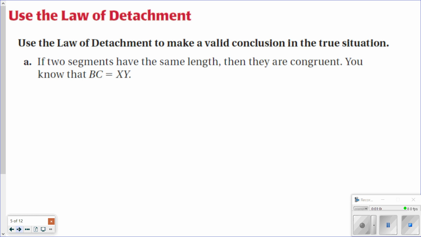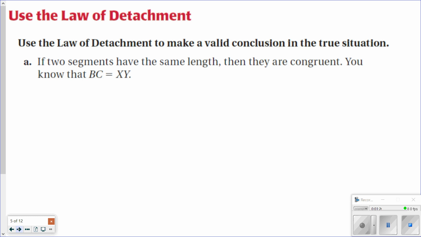So for part A, if two segments have the same length, then they are congruent. Think about that statement. Congruent just means that they are the same length. So we see that that sentence is true. Next, they tell us, you know that BC is equal to XY. So what conclusion can we make?